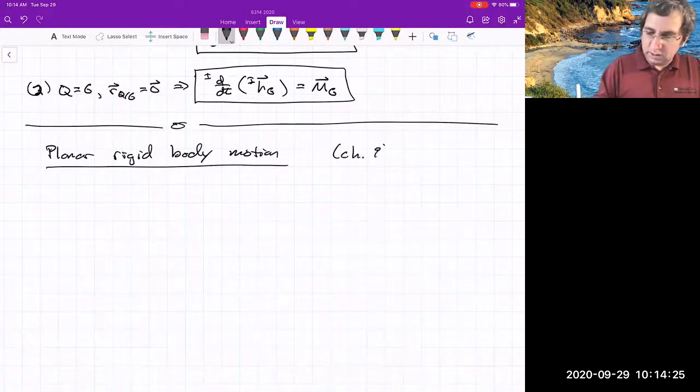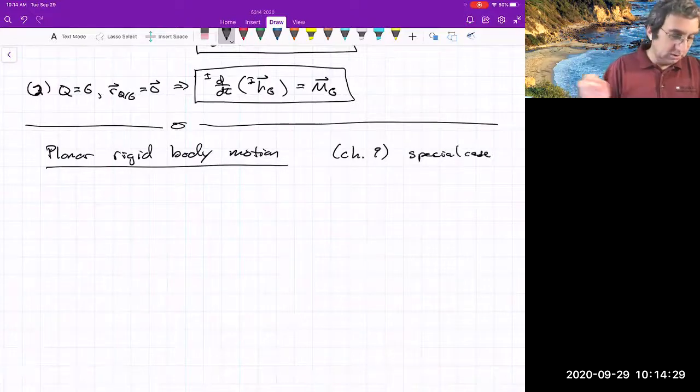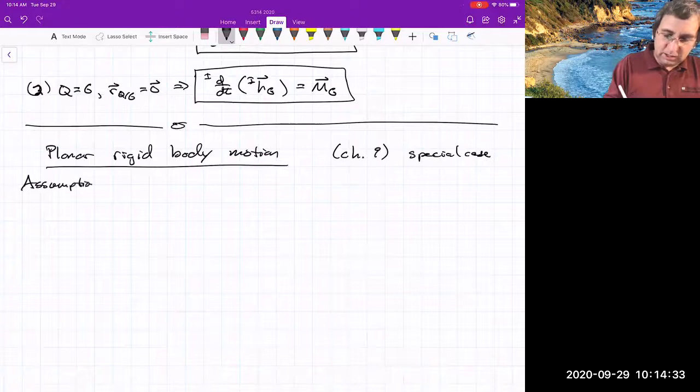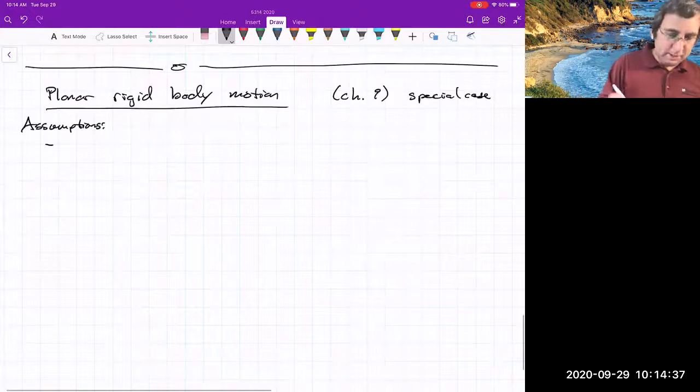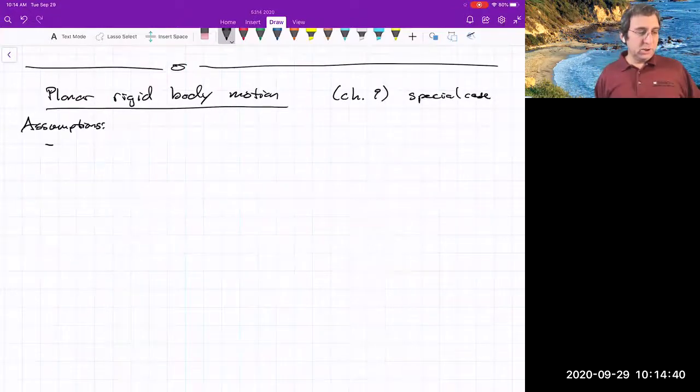And this is what chapter 9 of the book talks about. So it's another special case. What are the assumptions that go into this? When can you do this? You assume that all motion stays in a plane.